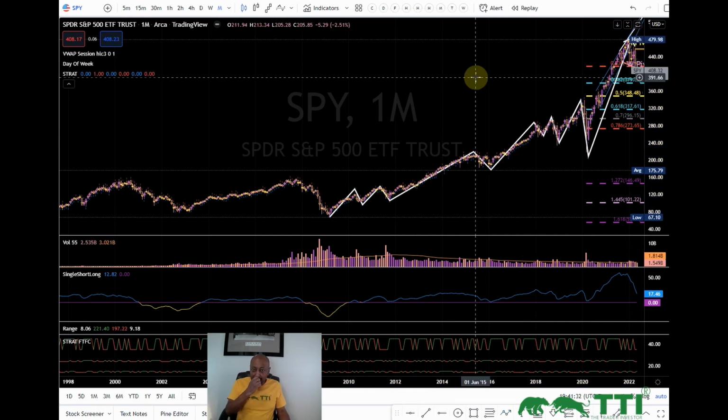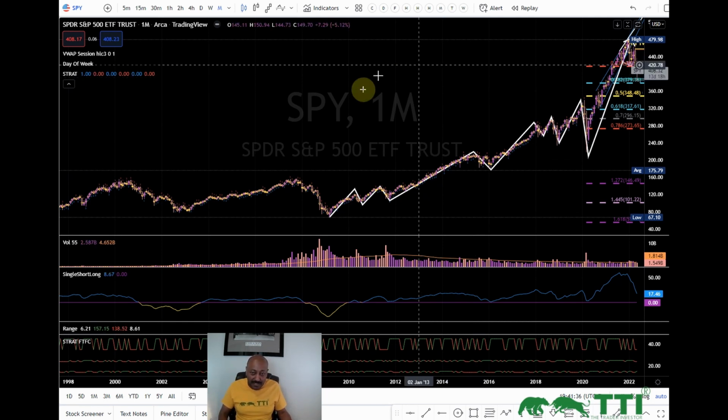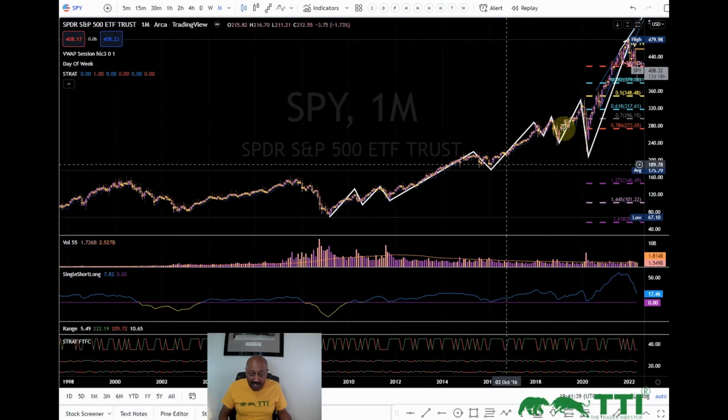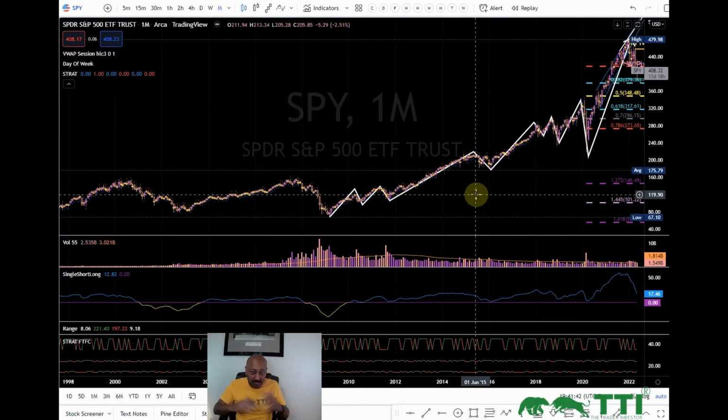Okay, you see it? You see the zigzag? Very clear, right? You see structure, and you want to find area of value. But first, we see structure. So this is how you do it. Every time you come to a chart, draw the zigzag.